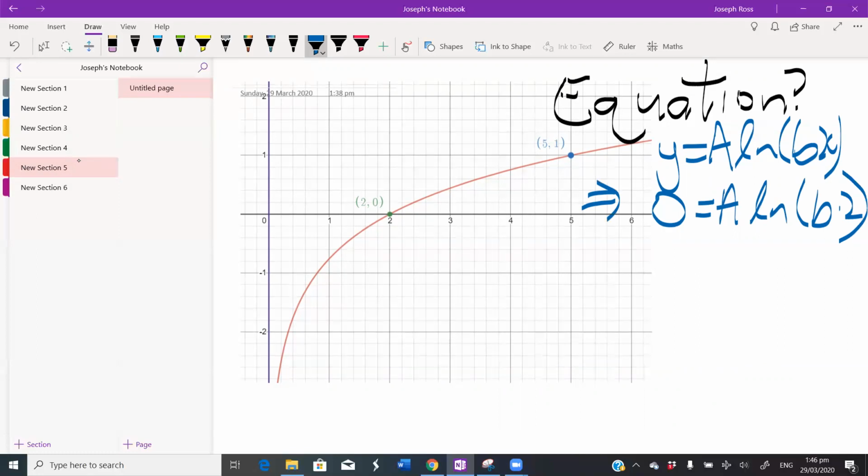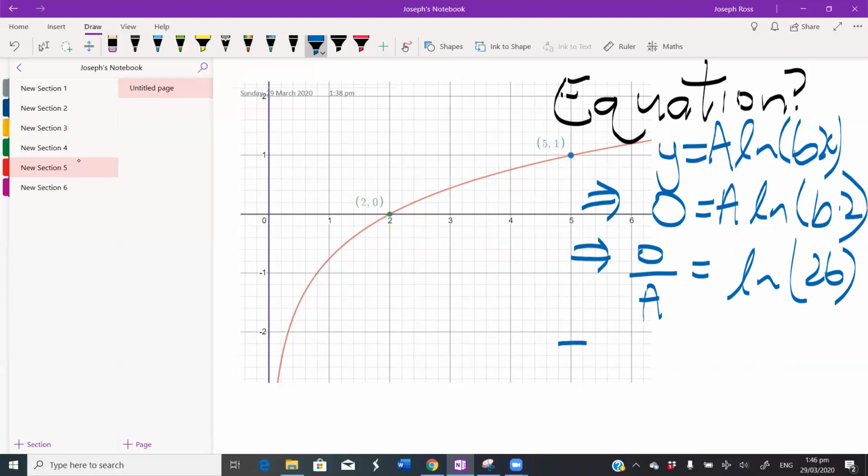At this stage, we still have both unknowns in our equation, a and b, but if we divide both sides of that equation by a, we get 0 over a equals ln of 2b. And 0 divided by a is just 0. So 0 equals ln of 2b, and we now need to solve that for b.